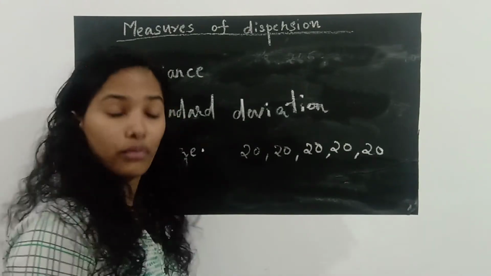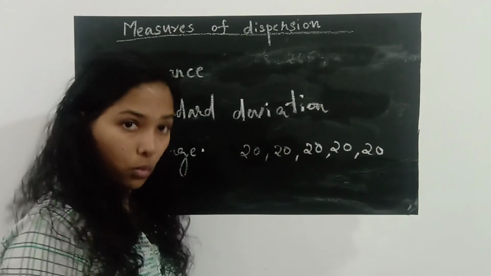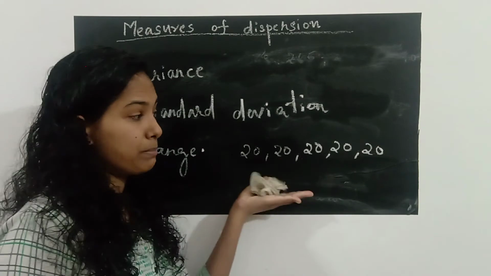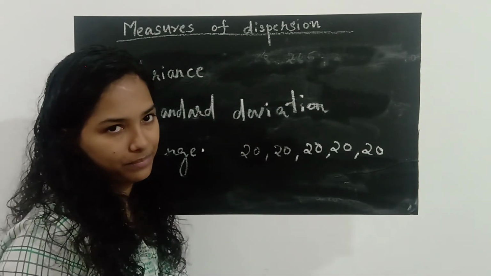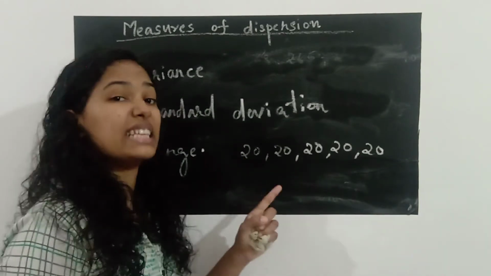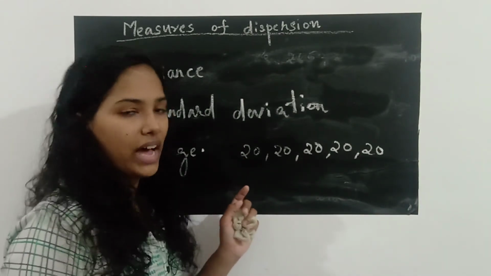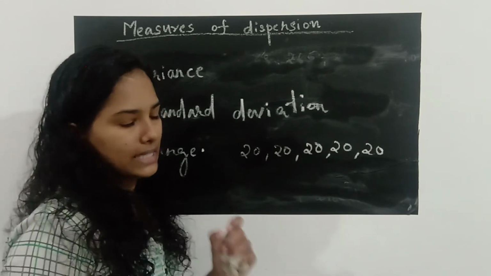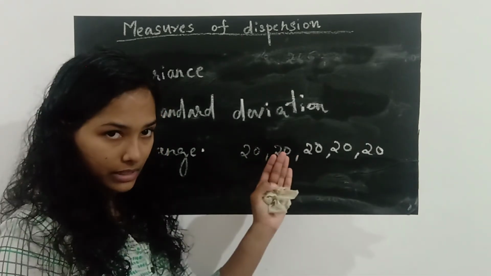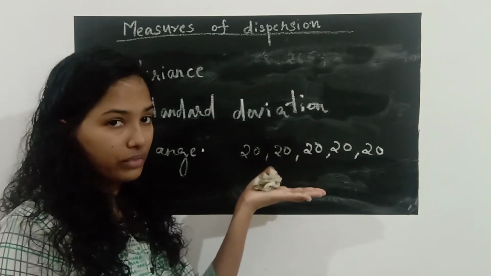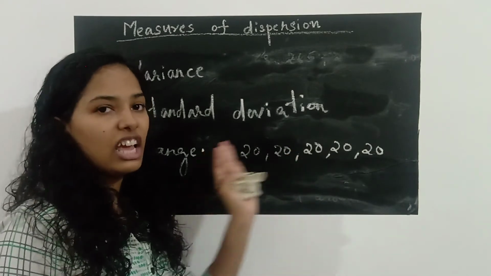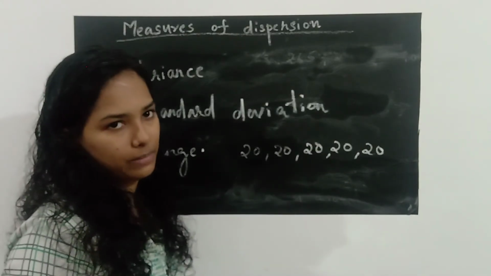This is the length of 5 Apsara pencils. My question is, what is the dispersion of this data set? Since all these items are exactly the same, the value of dispersion is 0. If there is some variability, the value of dispersion will increase with the increase in variability of the items.